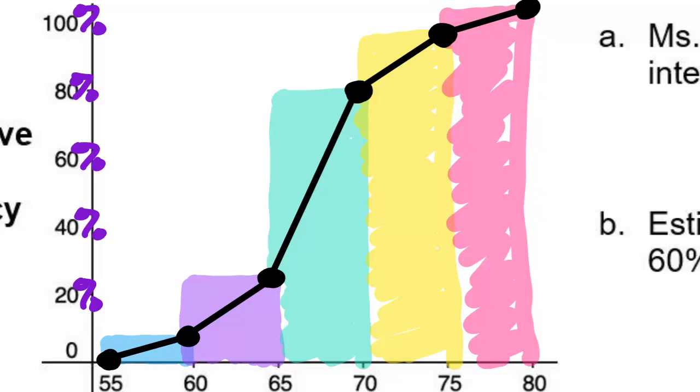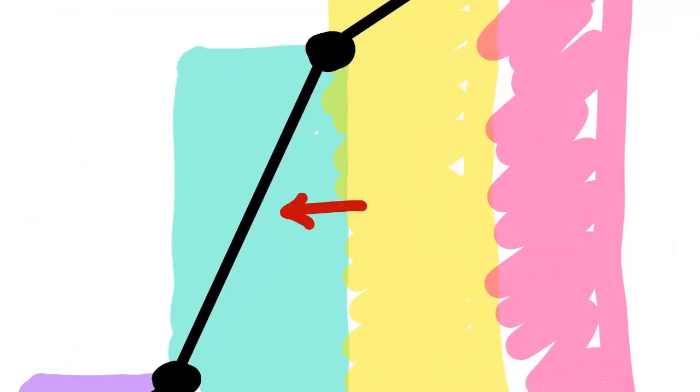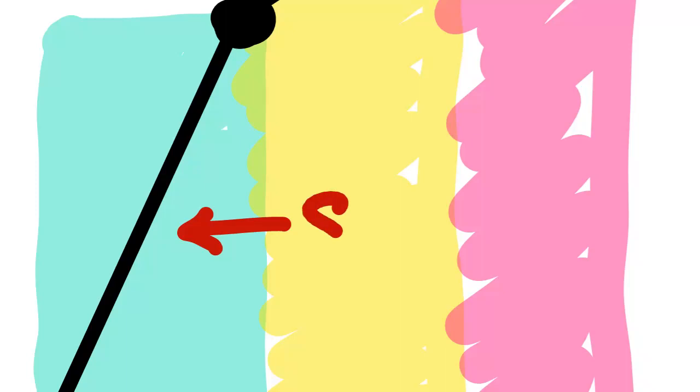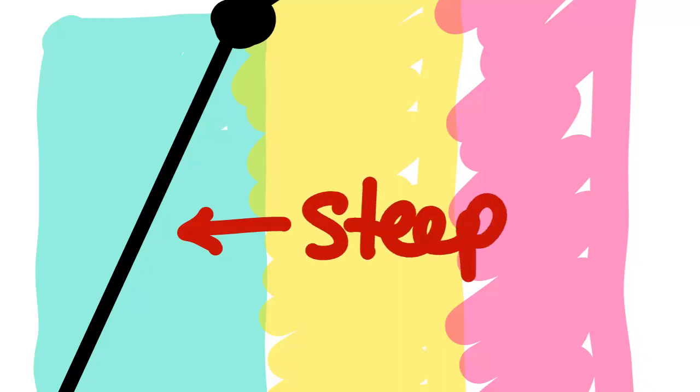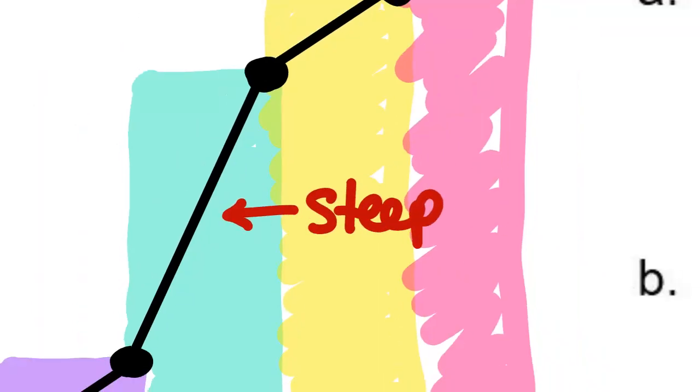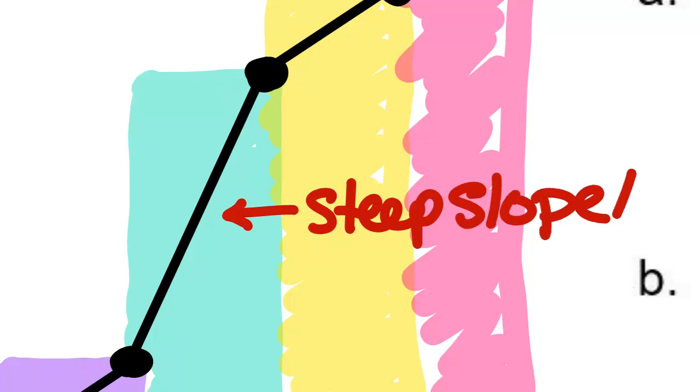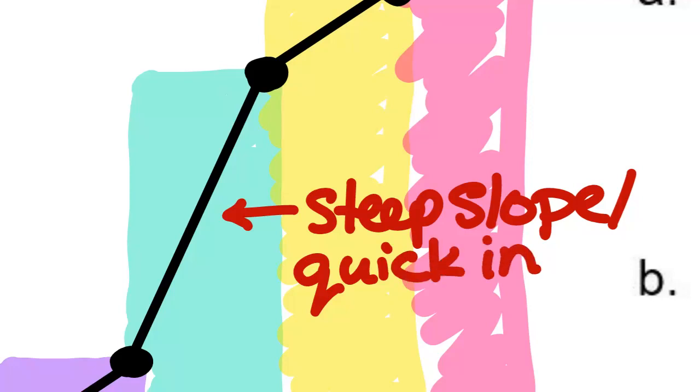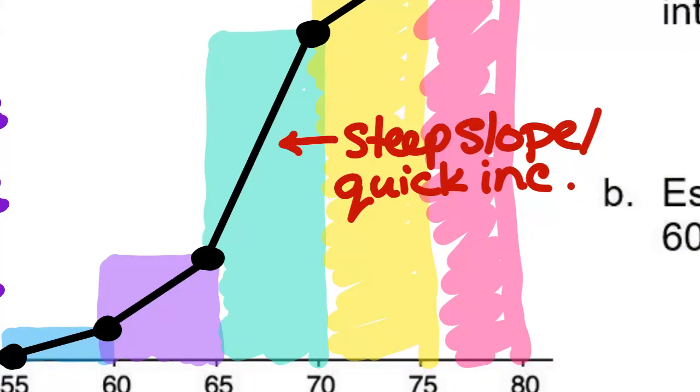Yeah. So this increased really quickly here, right? Steep slope, increased quickly. We have many values between 65 and 70. We have a bunch of people, a bunch of dots here.